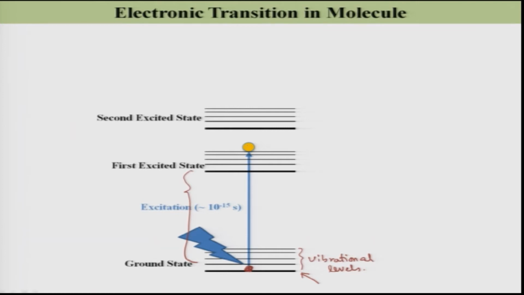Also note that I have written the excitation time as 10 to the power minus 15 second, which we already discussed in the last class: the time taken for absorption is about 1 femtosecond. Let me give you one example to comprehend this time. What is 1 femtosecond, and how am I going to realize that word?